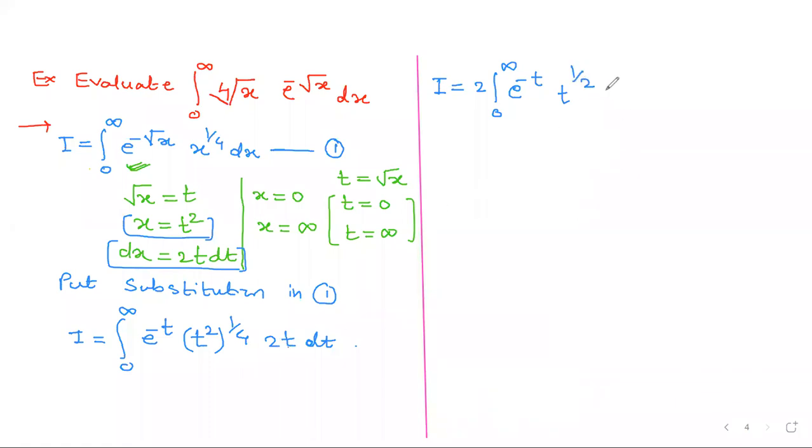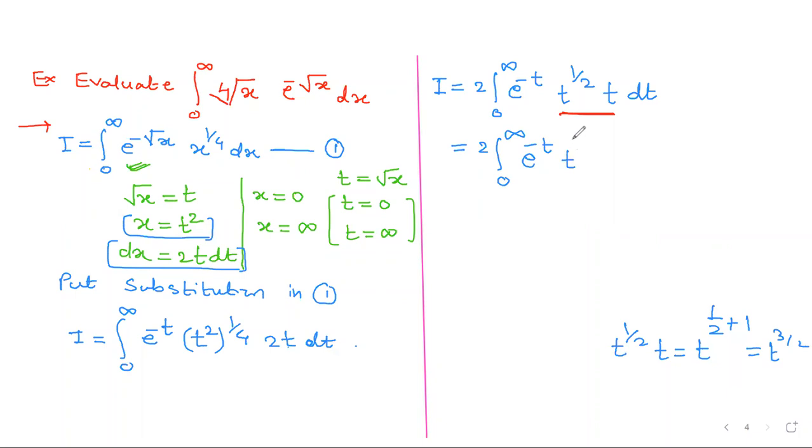And ये t एक और है, 2t dt. फिर जो t जितने हैं उनकी powers को add करो, t raised to 3/2. That is 2 into 0 to infinity e raised to minus t, t raised to half into t, that is t raised to half plus 1, t raised to 3/2 dt. बस integral 0 to infinity e raised to minus t, t की power.